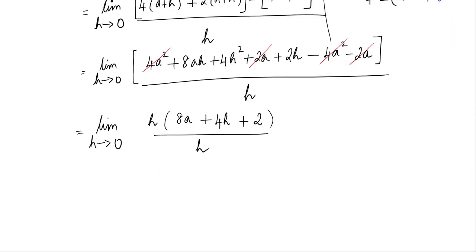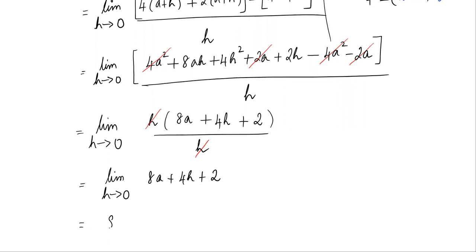So that gives us h canceling off in the top and the bottom. So the limit as h approaches 0 of 8a plus 4h plus 2. Now we are safe to apply the limit, which means in this case substituting 0 for h.